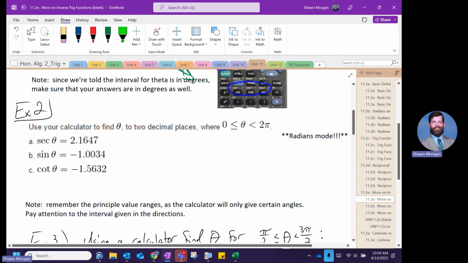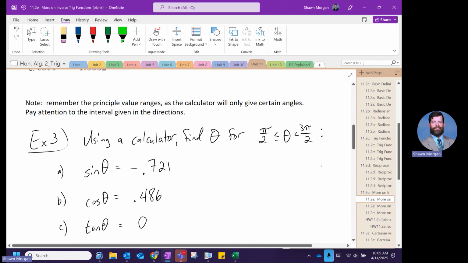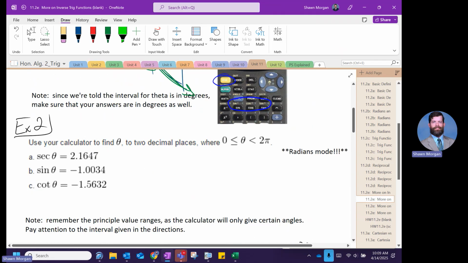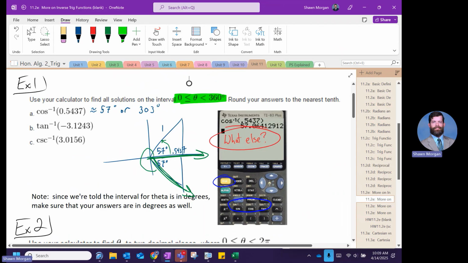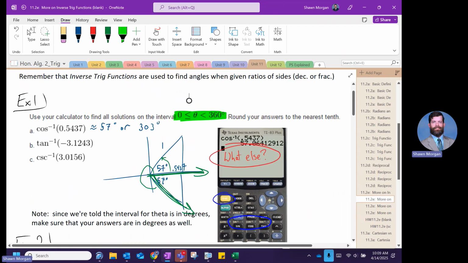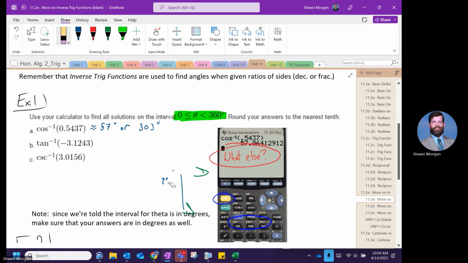All right. Let's, what do I want to do? We'll get there eventually. How about inverse tangent? What'd y'all get? You said about 72?